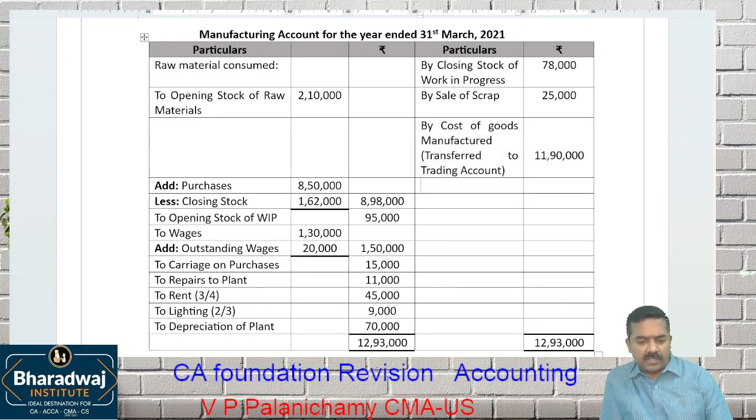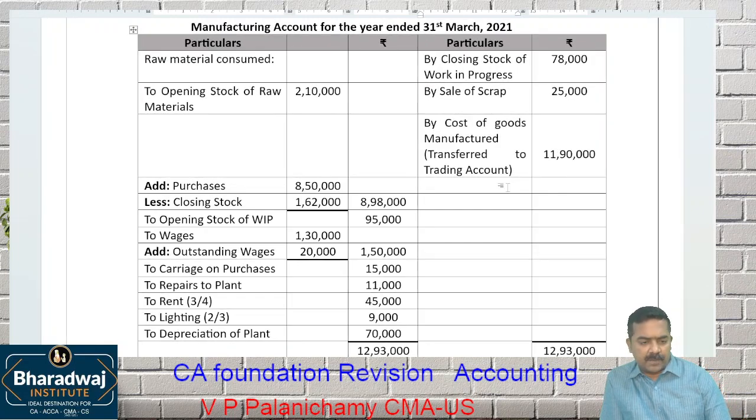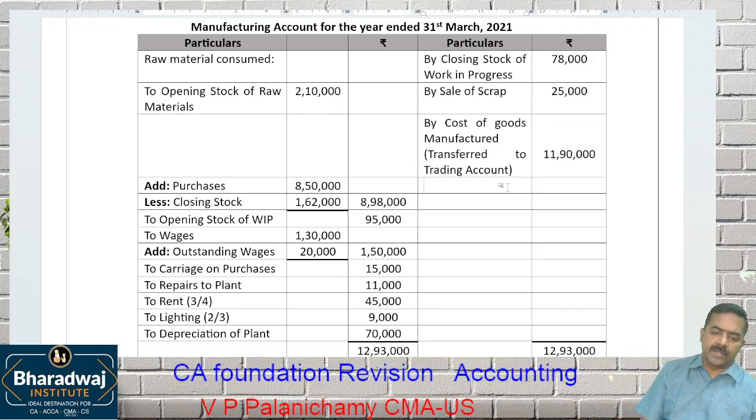So balance will give us cost of goods manufactured. That will go to trading account. That will go to trading account. Try to prepare the trading account and P&L account next.